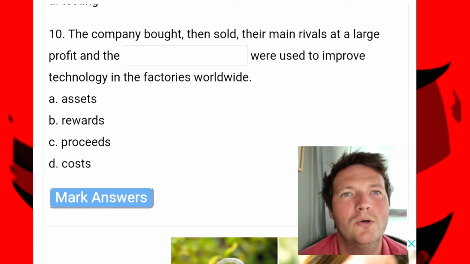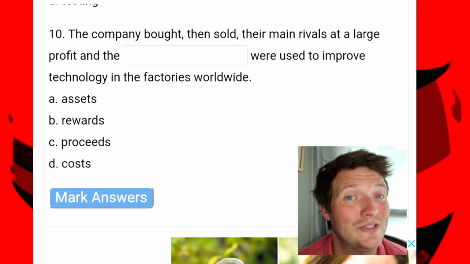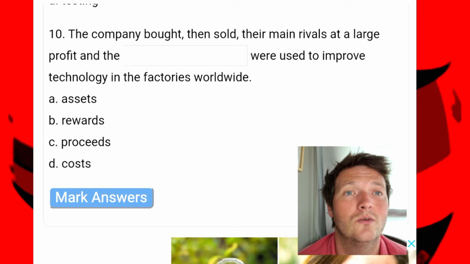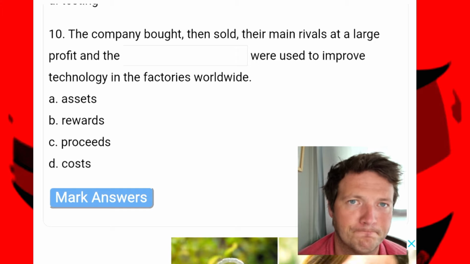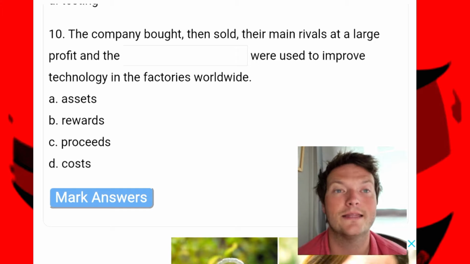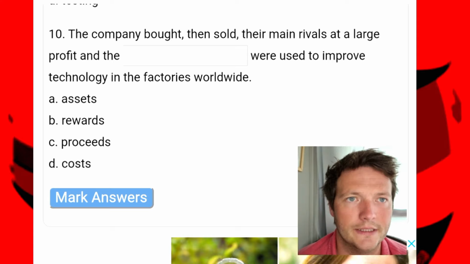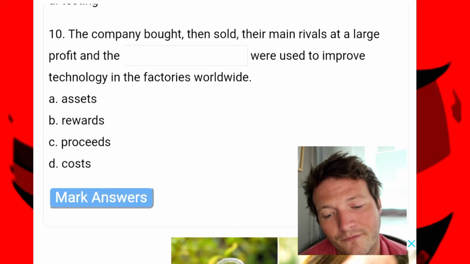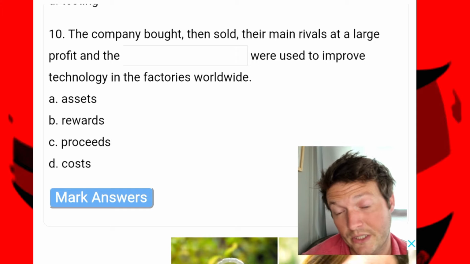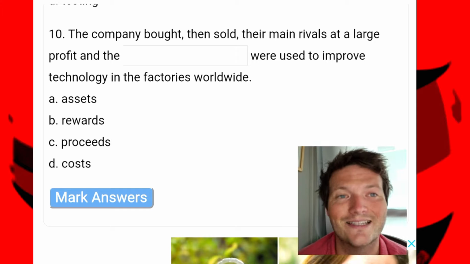Okay, number 50. The company bought, then sold their main rivals at a large profit, and the assets, rewards, proceeds, costs were used to improve technology in the factories worldwide. Now, assets are the things that they've probably sold. Companies that buy other companies are called asset strippers.